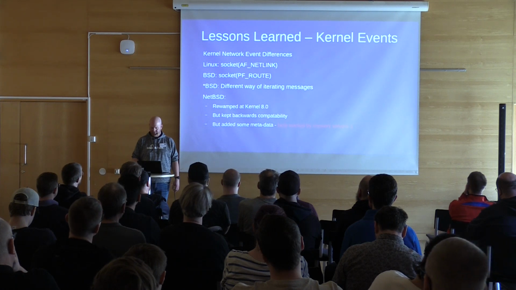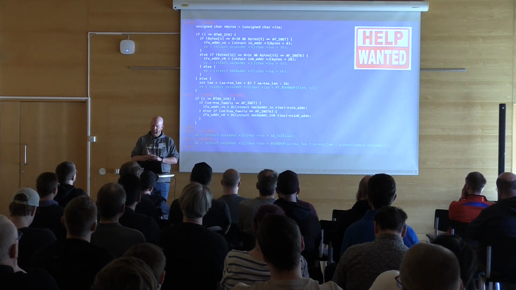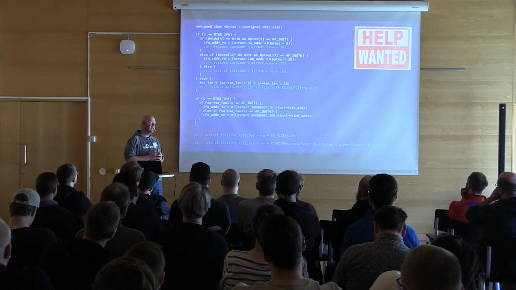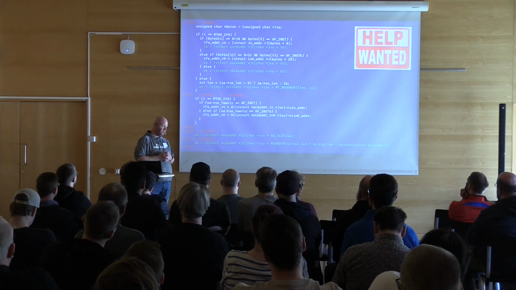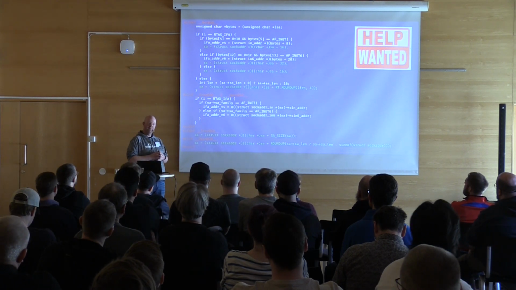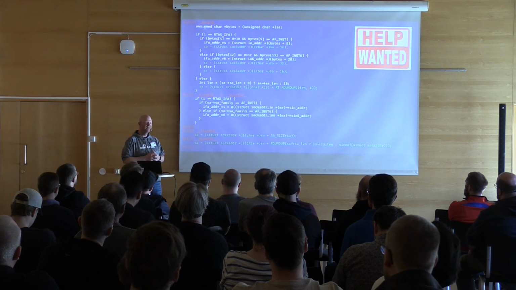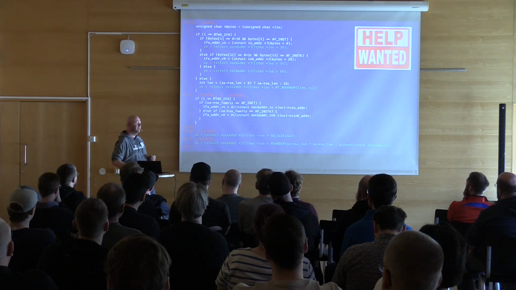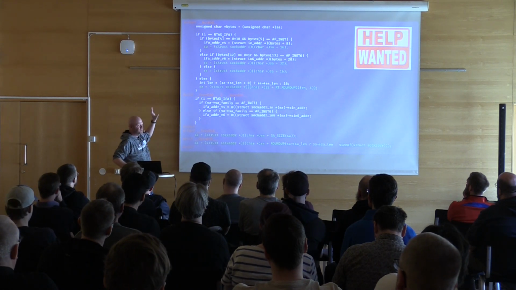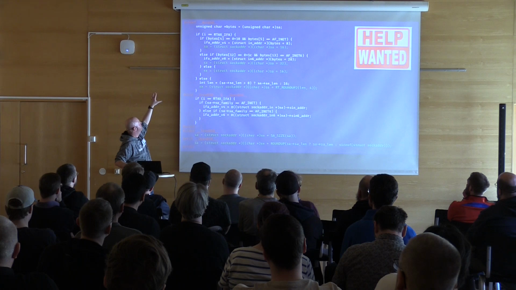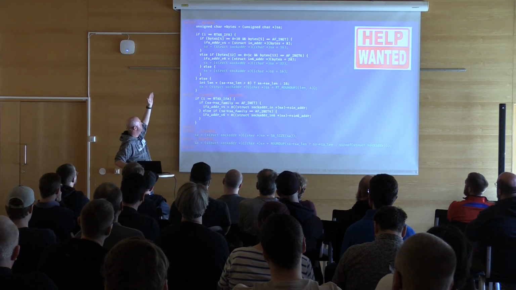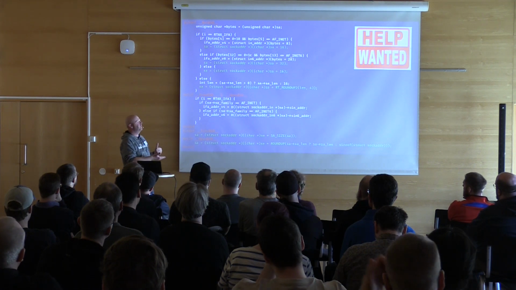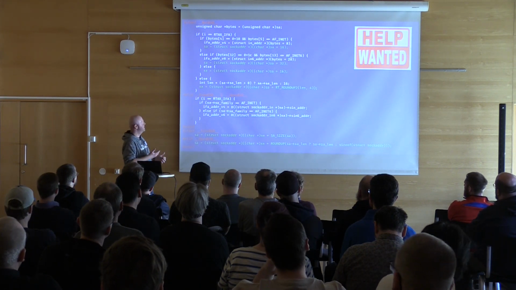And here's a little interesting slide that we're not going to spend much time on. But if you like a mystery, if you're a mystery solver, you could help me out here, so I don't have to do this, because this is the current version of the code, which works, but it doesn't look good. For those of you who don't know C, the first part here, if NetBSD, is the BSD version of how you should increment around all of the messages that the kernel sends you, right?